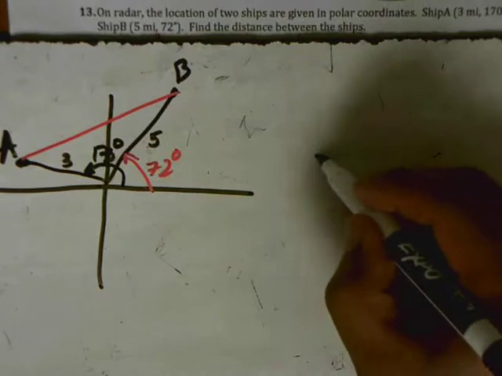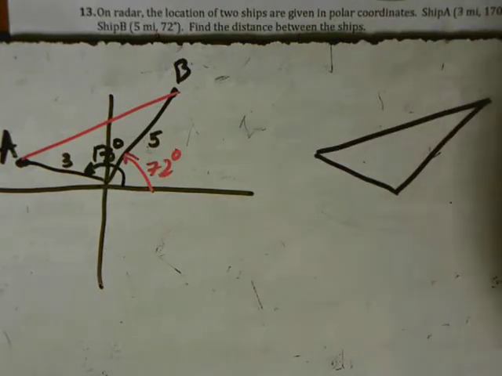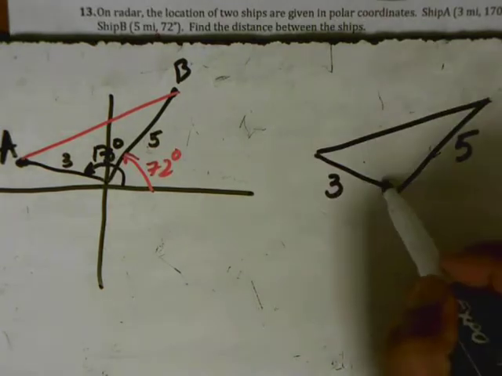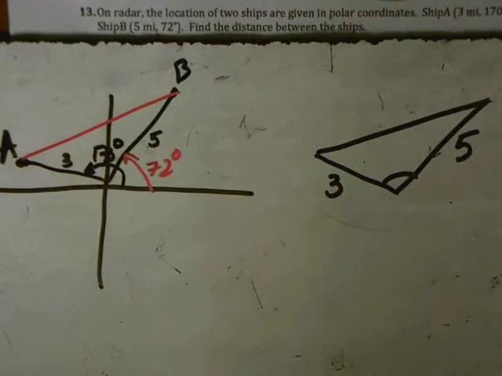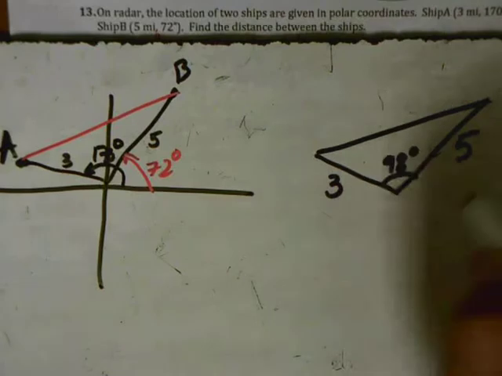Let me redraw this exact same triangle over here. This gives me 5, 3, and the angle in here is 170 minus 72. Gives me 98 degrees. Okay.